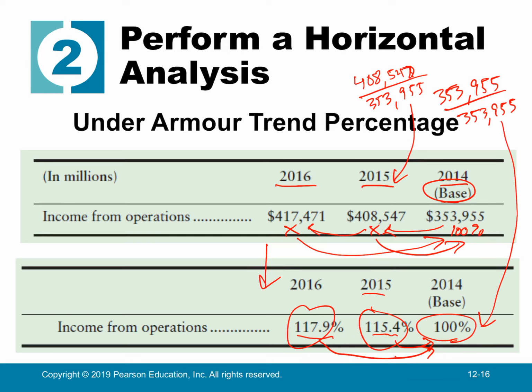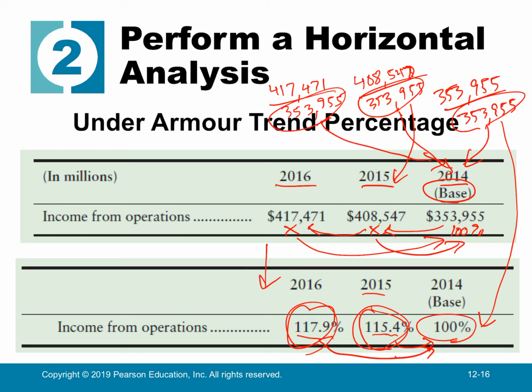That gives me this. And then 2016 is 417,471 divided by 353,955. So as you can see, we're always using the base year 2014 to make this calculation. So each year in a trend percentage is relative to whatever base year you picked.